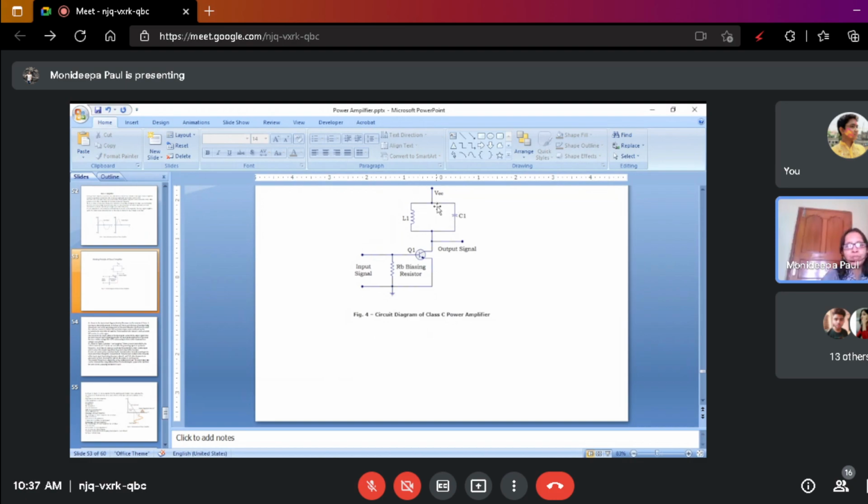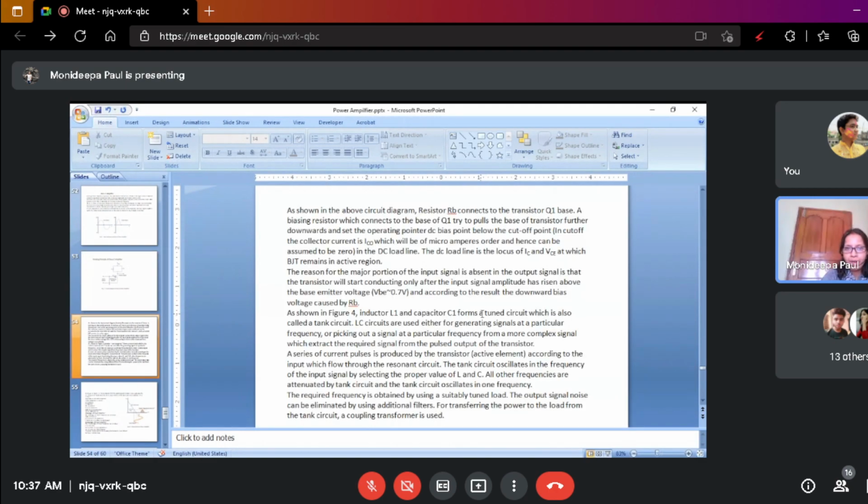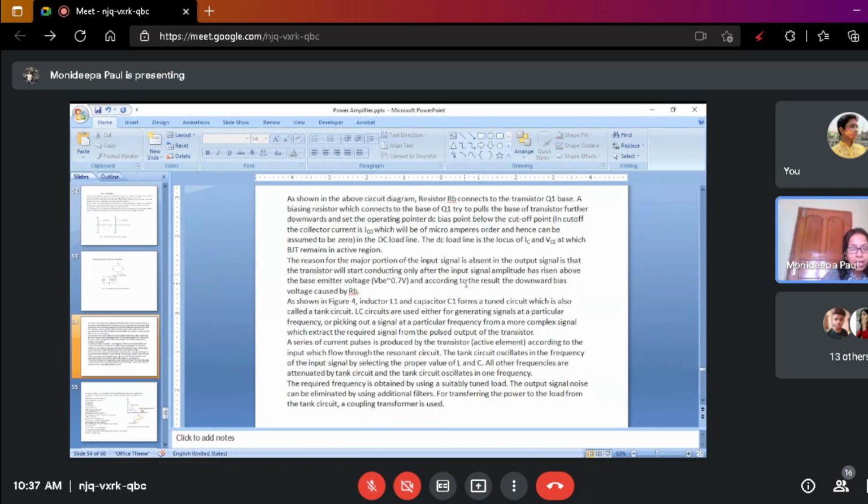So this is the function of this tank circuit or tuned circuit, and this is the function of the class C power amplifier. A series of current pulses is produced by the transistor according to the input, which flows through the resonant circuit.